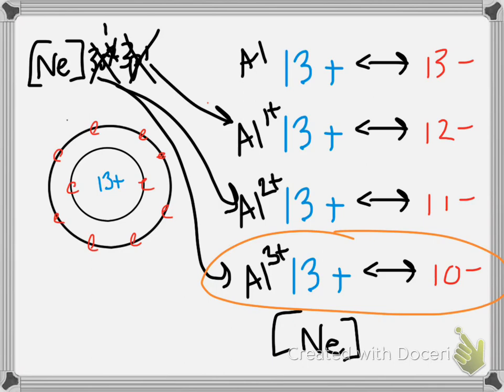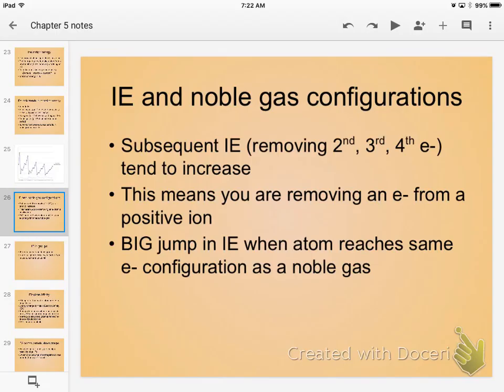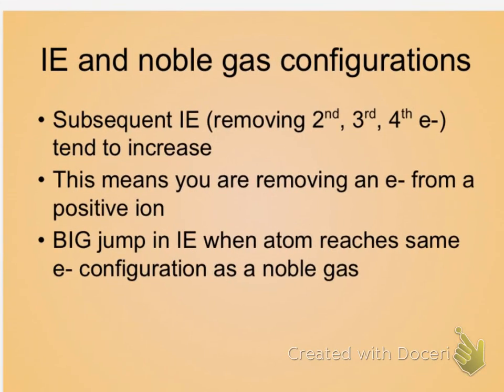Okay. So, when we get to noble gas notation, guess what happens? You have a huge jump in ionization energy. Every time you've removed an electron, the subsequent IE, removing the second or the third or the fourth electron, the ionization energy goes up. It takes more energy to get those subsequent electrons off the atom.